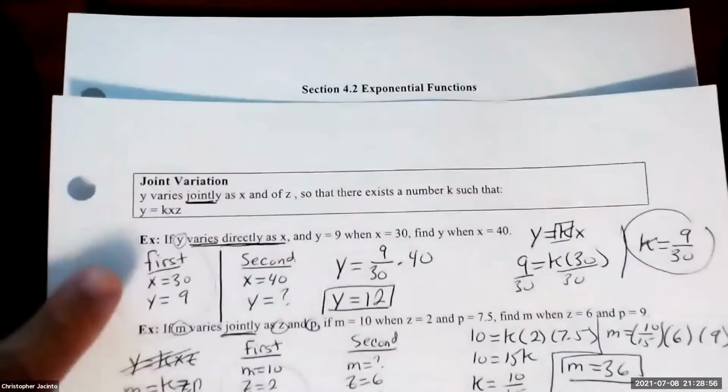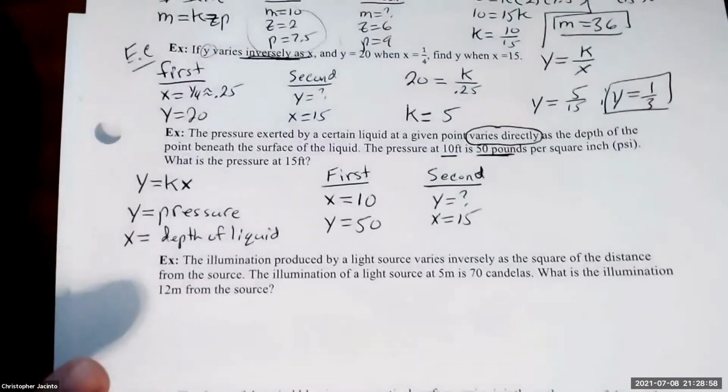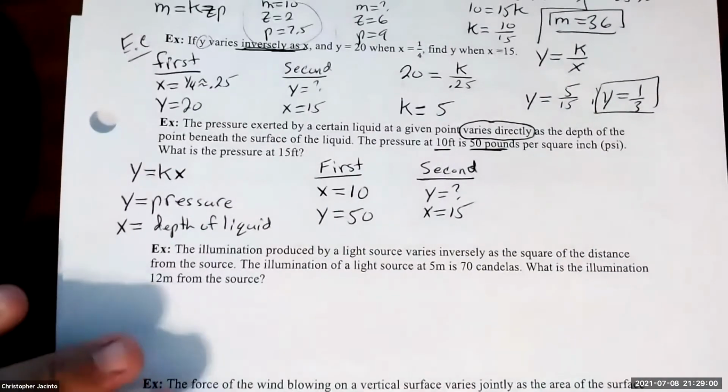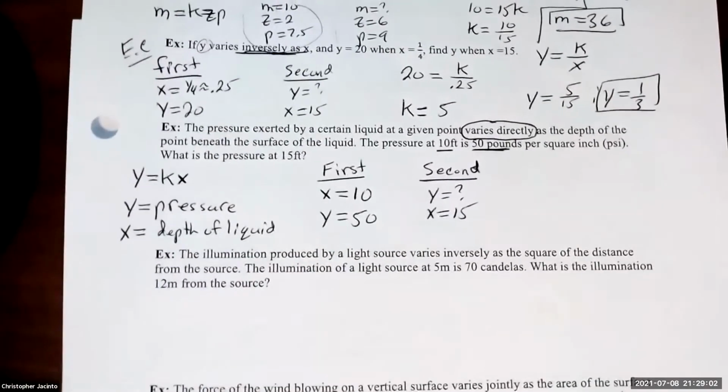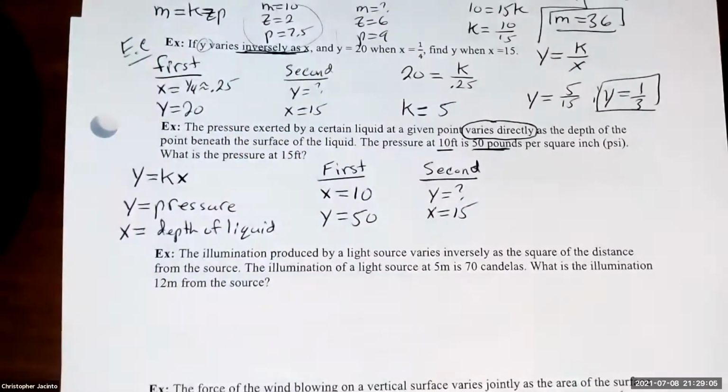So again, very similar to what we have here, but now it's in word problem format. Okay. So again, before I go any further, are there any questions on how we set up the problem at all? No? Everybody comfortable?